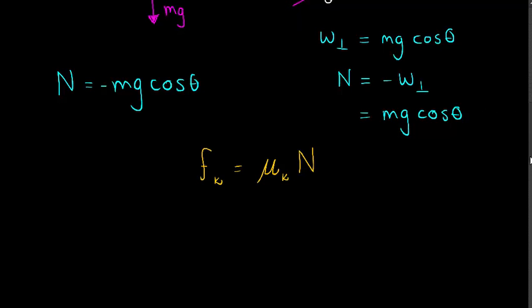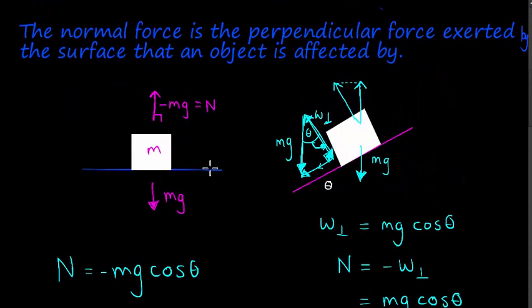So what it means is that when an object is in motion, its relationship to the surface is important, and the amount of weight that the surface is carrying affects the frictional force that it will experience. So for example, imagine a rough surface. The heavier an object is, the more difficult it would be to move that object because of its mass on that rough surface.